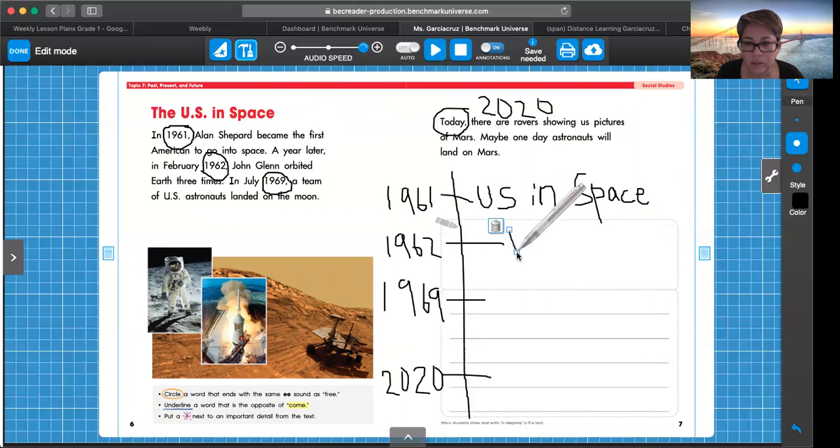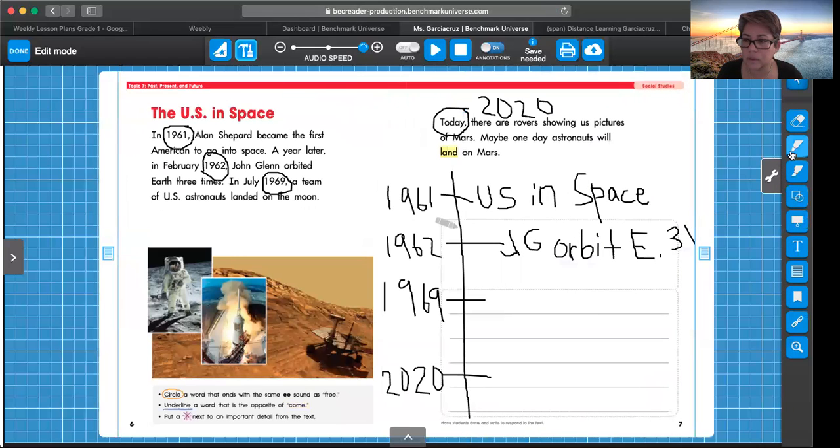So I'm going to write J, G for John Glenn, orbited Earth 3 times. I will condense that to just orbit Earth. I'm going to just try to get that E in there. Orbit Earth 3 times. If I want to, I can put 3x to mean 3 times.